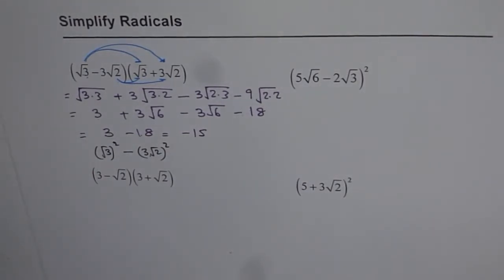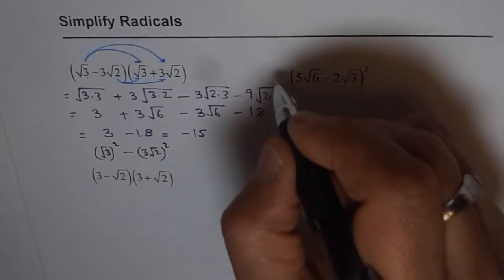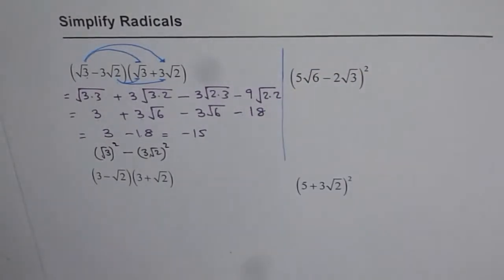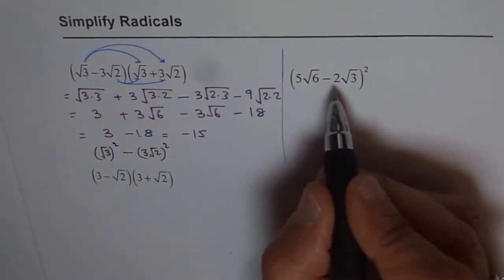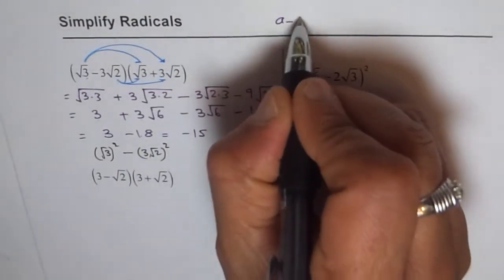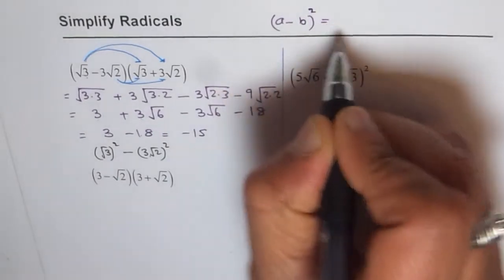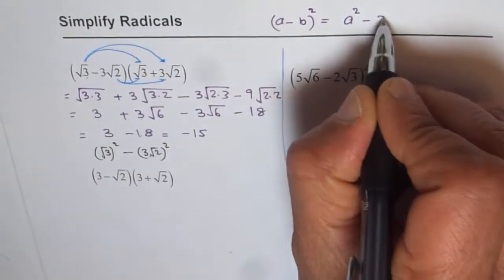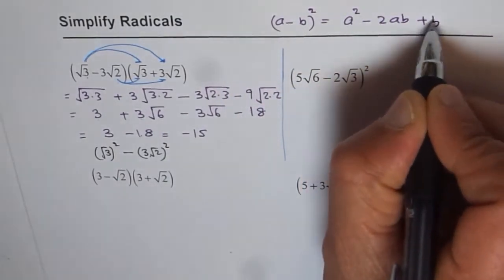Now let's do the next one. I hope you understood all the steps which we adopted in the very first one. Now here it is a minus b whole square. So we can apply the formula. I hope you remember a minus b whole square is a square minus 2ab plus b square.